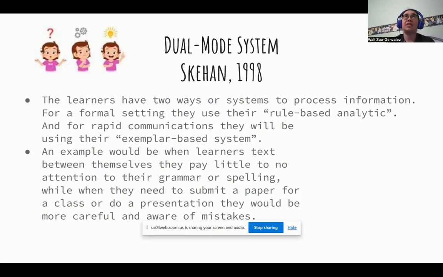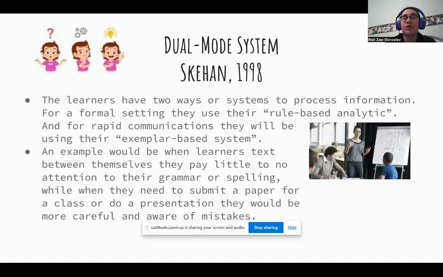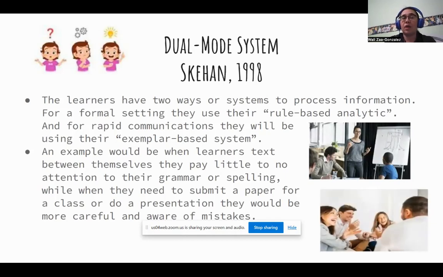They respond with a rule-based analytic system when they are in a formal setting, while they use their exemplar-based system when they need rapid communication. An example of these situations is when the learner is texting. When they're texting, they pay little to no attention to grammar or spelling, while if they have to submit a paper or do a class presentation, they will have to be more careful and aware of their mistakes.